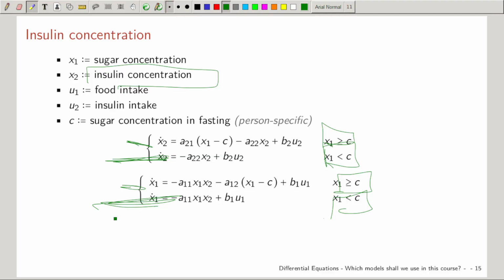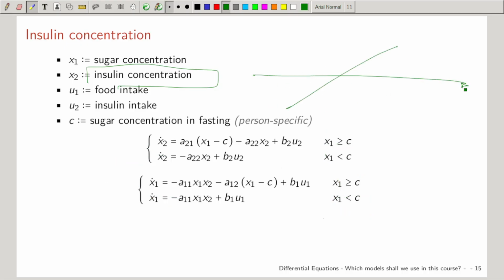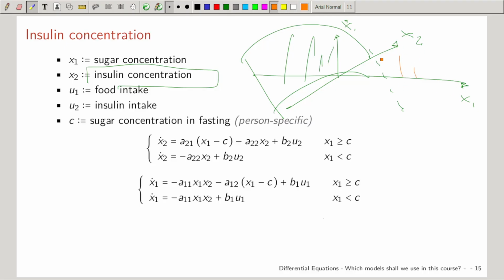This means that somehow, x1, x2, x1 dot, and then in this zone we have a certain dynamics. And in this other zone, we have another blanket. You see? And the two blankets will meet each other. This is called a switch system.